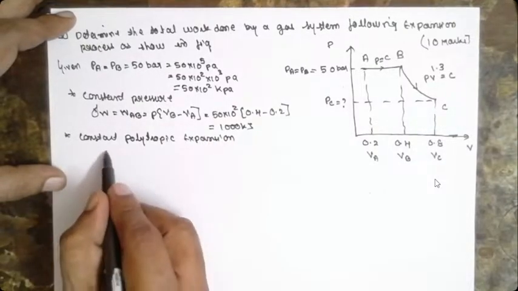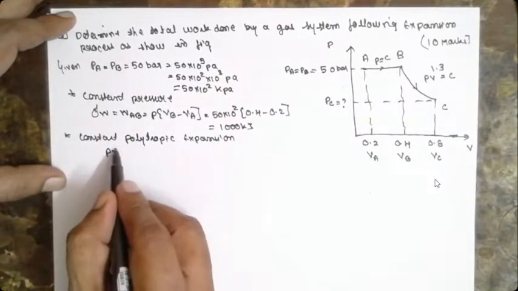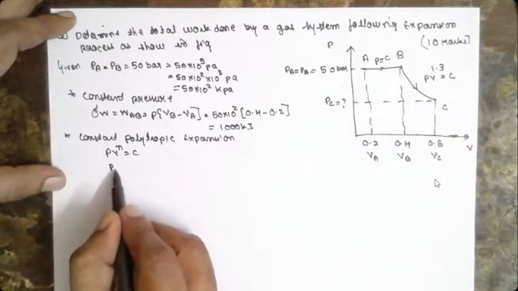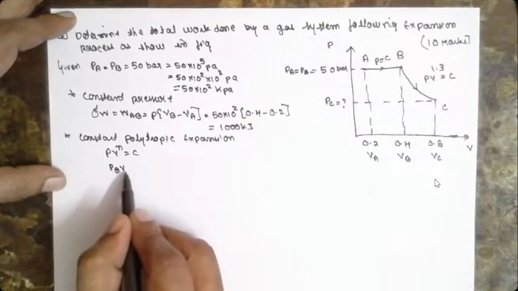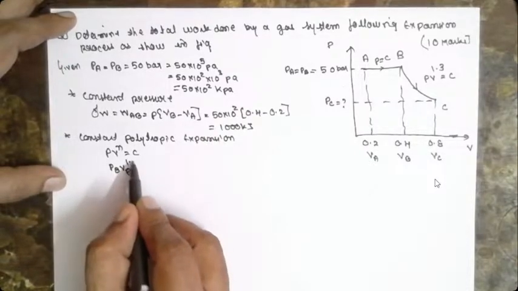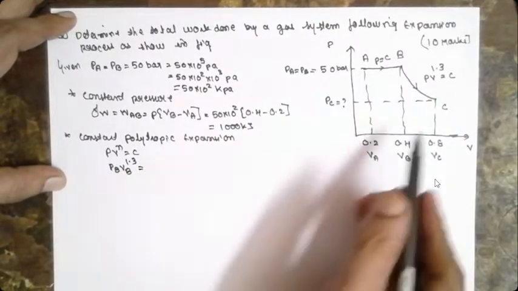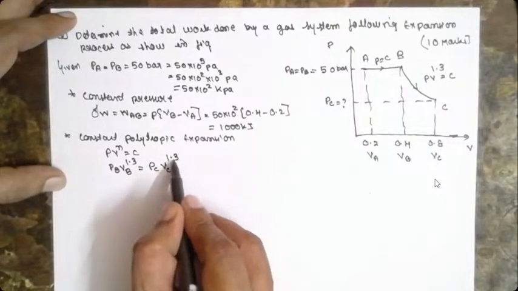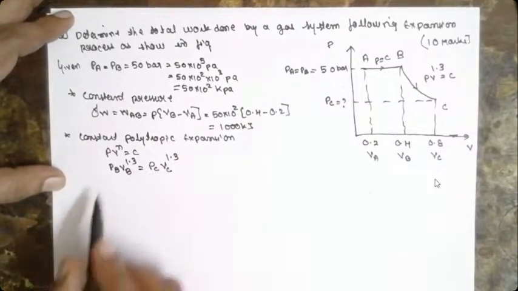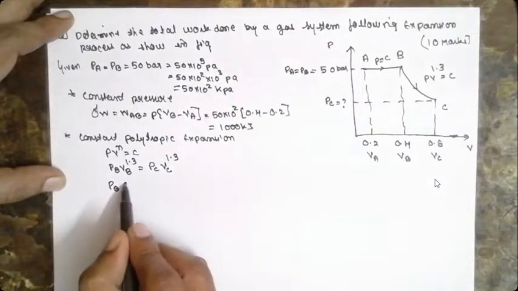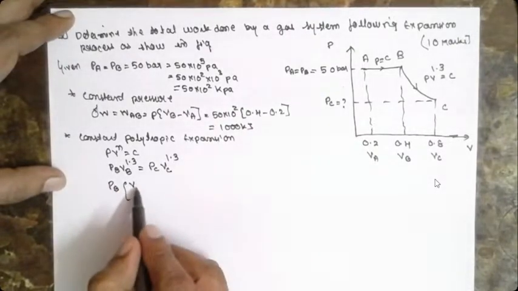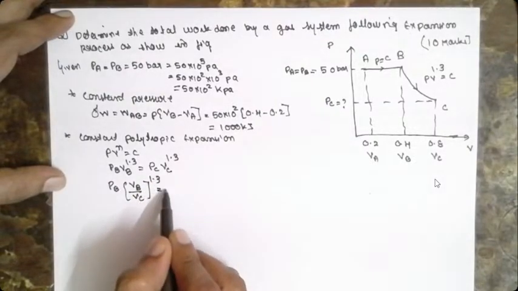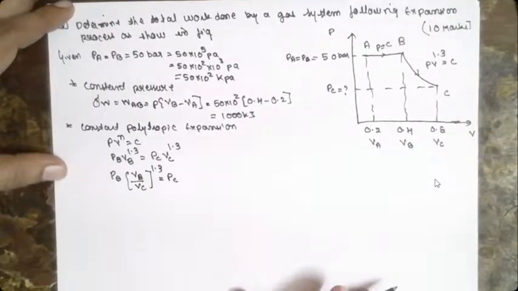We know that PV raised to n is equal to C. Here they have given PB VB raised to 1.3 is equal to PC VC raised to 1.3. We need to find out the PC value. PC is equal to PB into open bracket VB divided by VC, raised to 1.3. Now substitute the values.